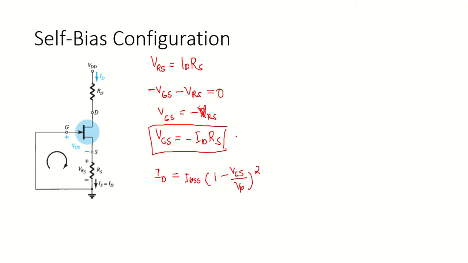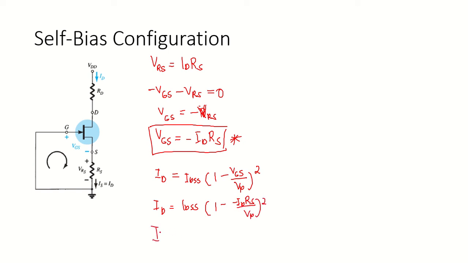But if we substitute this equation of VGS into the Shockley's equation, our resulting equation will be IDSS times 1 minus negative ID RS all over VP, squared.